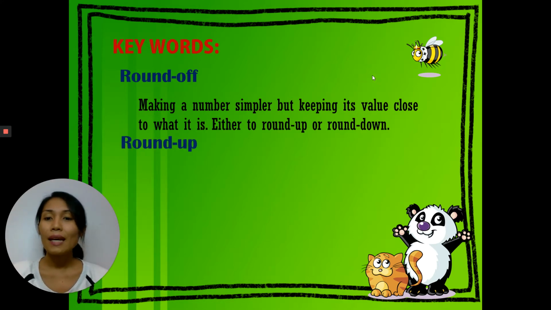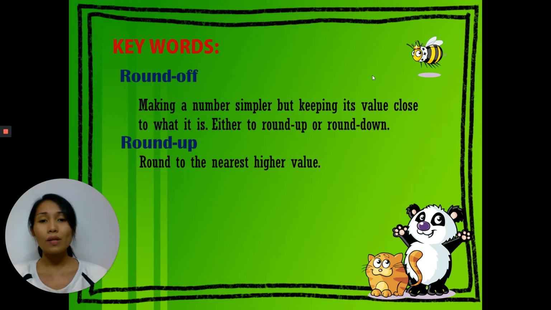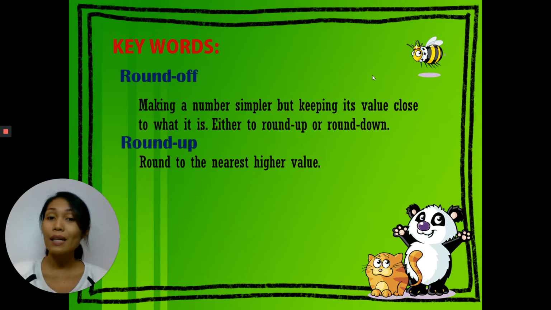Next word is round up. What is round up? Round up means to round to the nearest higher value. For example, the number is 79. To make this number simpler, we will round it to the nearest higher or lower value.